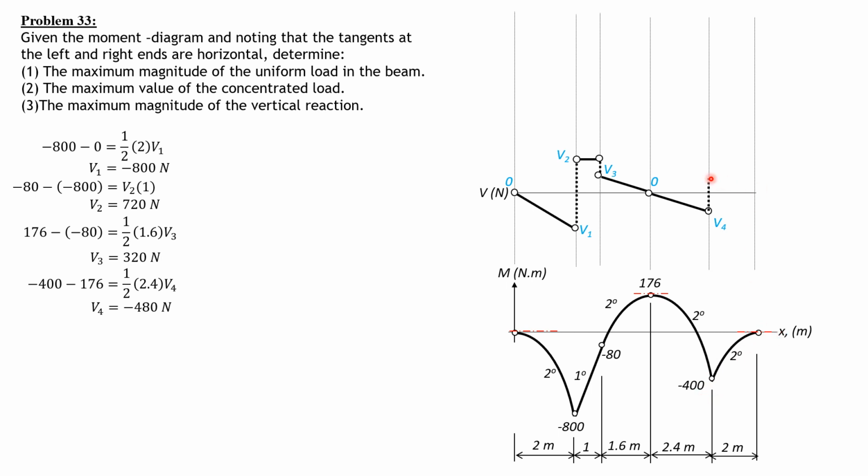We expect a triangular loading here, and it ends here. The shear just to the left is positive, because 0 minus negative 400 is 400, and it is equal to 1/2 of V sub 5 times 2.